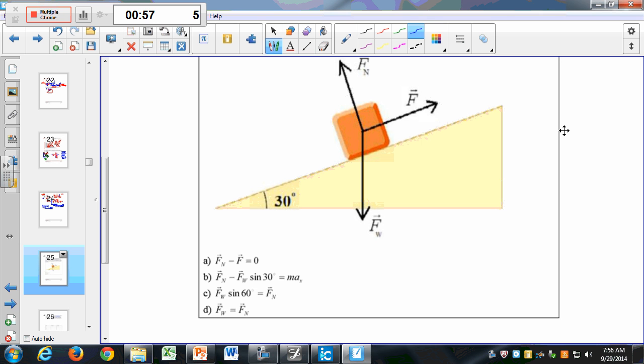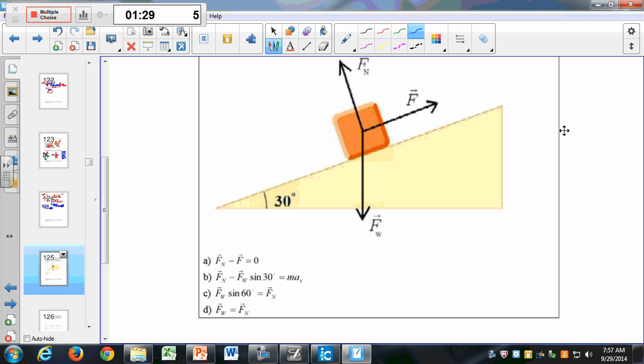Now you can go through because some of these have forces that are on the x-axis combined with forces on the y-axis. So you know that that can't be a correct equation because the x and y components of forces are not related. Is there a force opposite of F? There is a force opposite F. There's a component of the weight that's opposite the force F. So we break our weight into its x and y components, and the x component of that weight is opposite F. Okay.